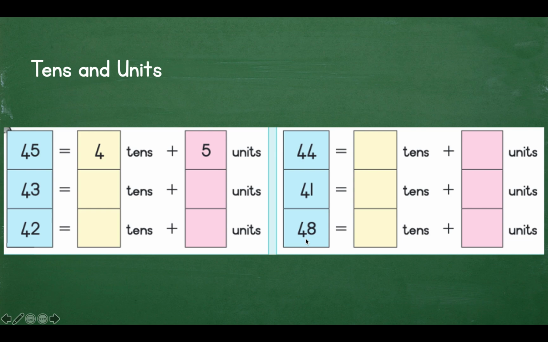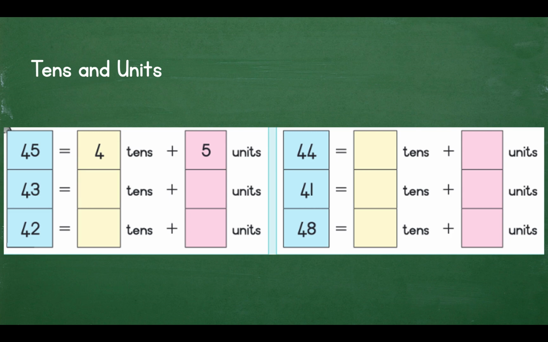Now, let's look at this fun picture. So our first one is done for us. 45 equals 4 tens plus 5 units. It's showing us the breakdown of 45 as 4 tens and 5 units.